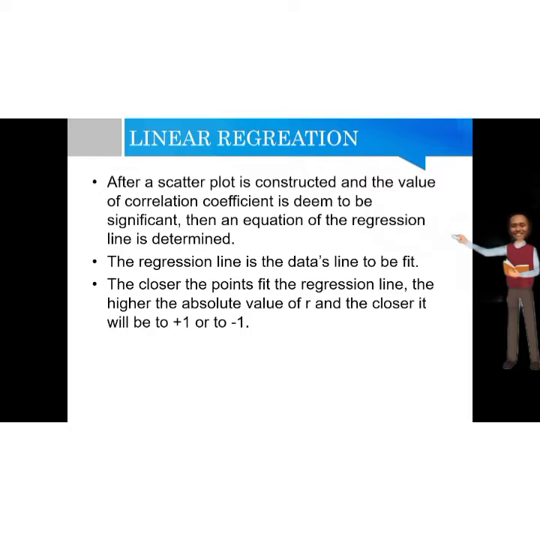The regression line is the data's line of best fit. The closer the points fit the regression line, the higher the absolute value of r, and the closer it will be to positive 1 or to negative 1. The case of one explanatory variable is called simple linear regression. For more than one, the process is called multiple linear regression.